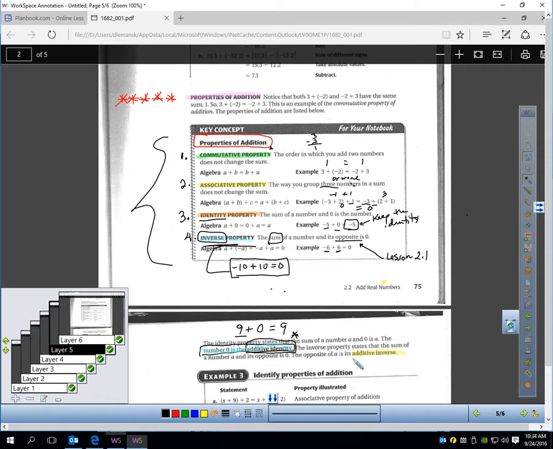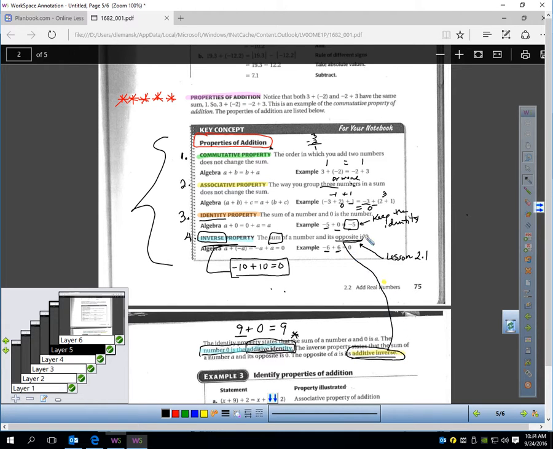The second term is additive inverse. The inverse property, which we had here, states that the sum of a number A and its opposite is 0. The opposite of A is the additive inverse. So additive inverse is kind of another way of saying the word opposite.